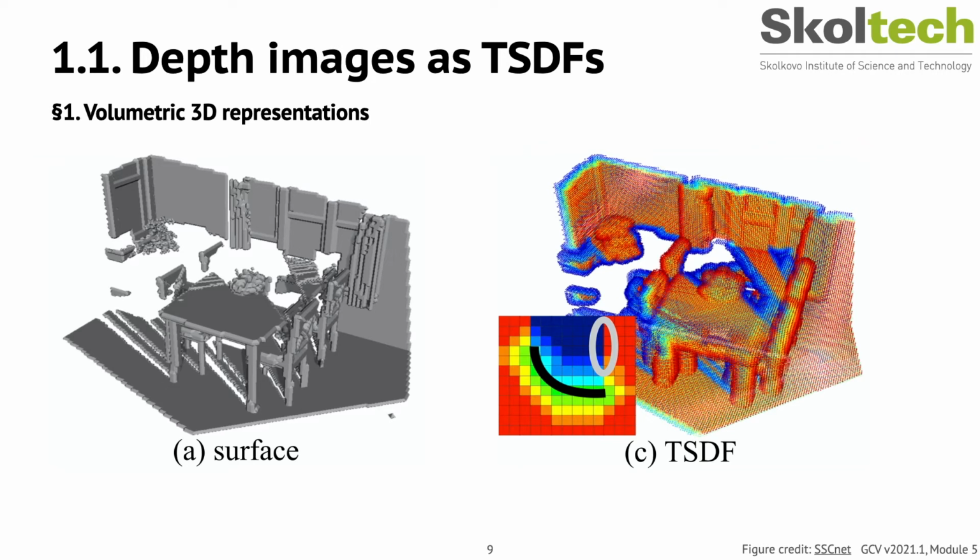Interestingly, functions such as TSDF can also be defined for single view depth images. So you don't have to have the full 3D shape in order to define a TSDF or SDF. For instance, in this figure you can see how the wrench surface on the left can generate an SDF function depicted in the pseudocolor on the right, because each point in the depth image corresponds to a depth measurement, which serves as a definition of the SDF itself.